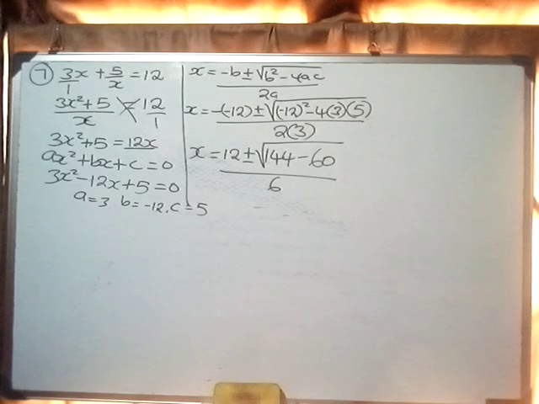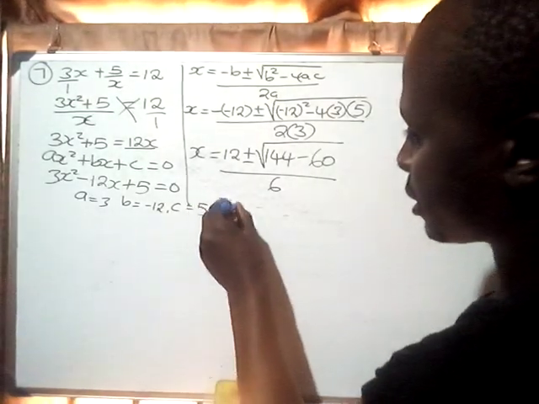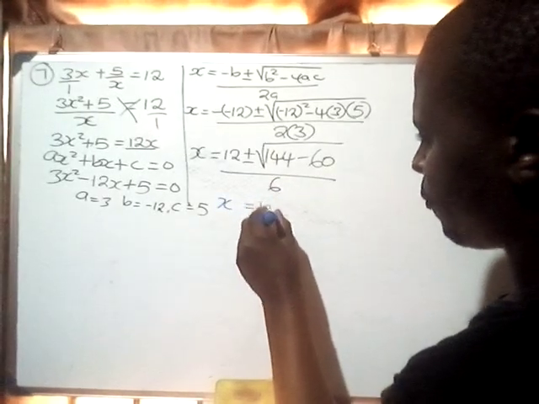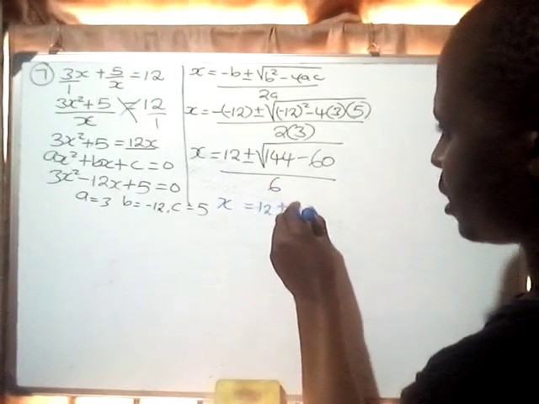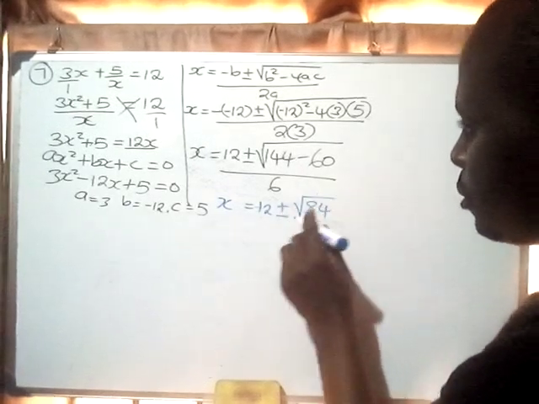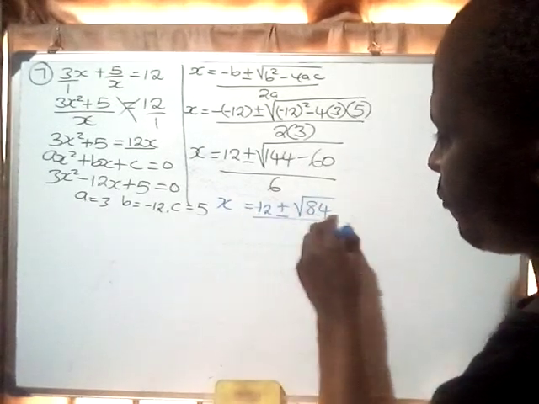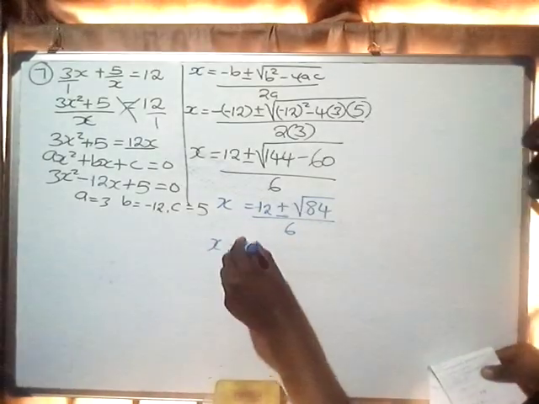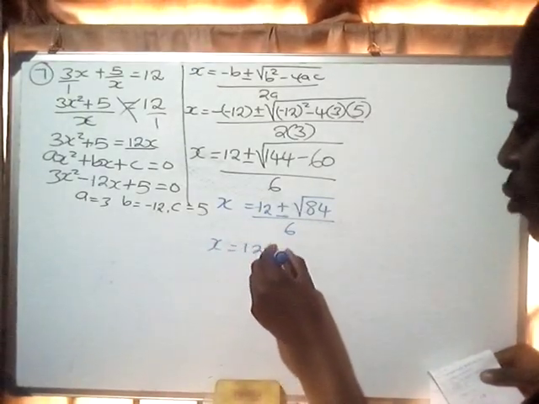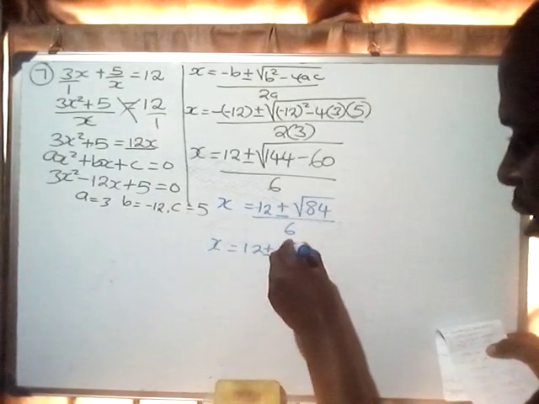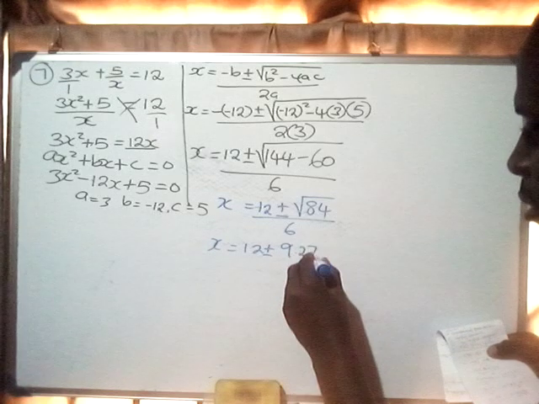So if you subtract that one, we are going to have x is equal to 12 plus or minus the root of 84, everything over 6. The root of 84, the answer is 9.27.